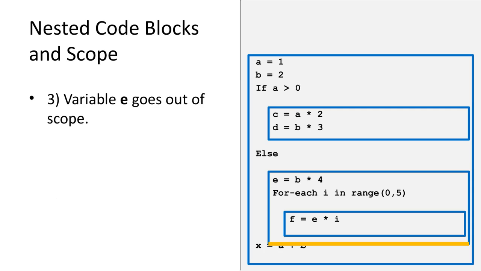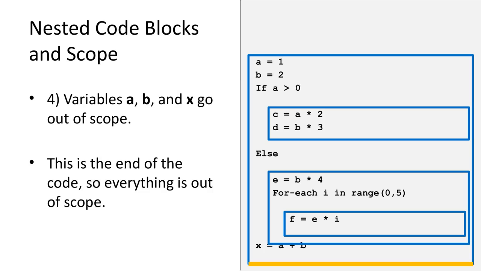The next code block to end is the else code block. Only one variable was declared, called E. This one variable will go out of scope. Finally, the main code block ends, and everything that remains goes out of scope. In this case, what remains are 3 variables, called A, B, and X.